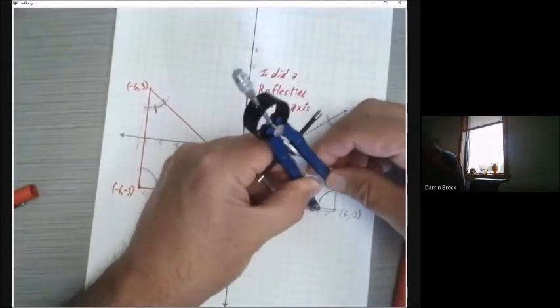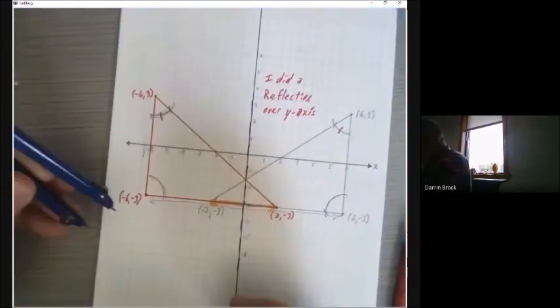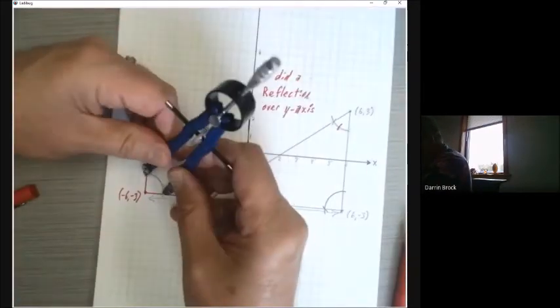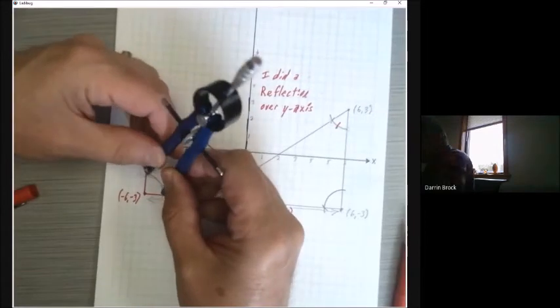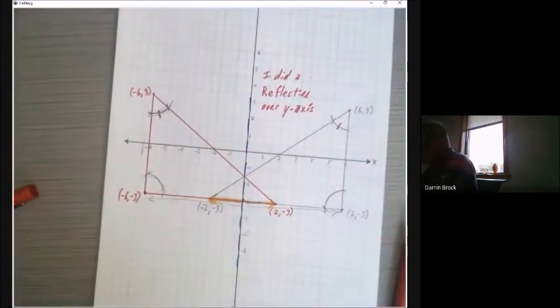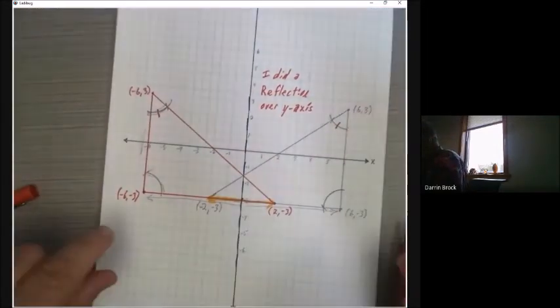So the distance is right there. I should be able to go over here and it should be exactly the same. And it is. So that's how with the compass I can mark.